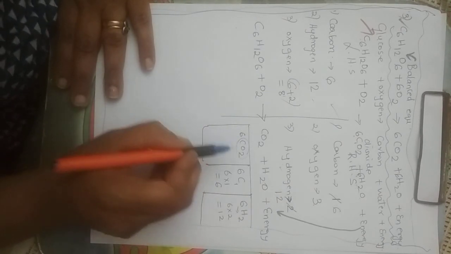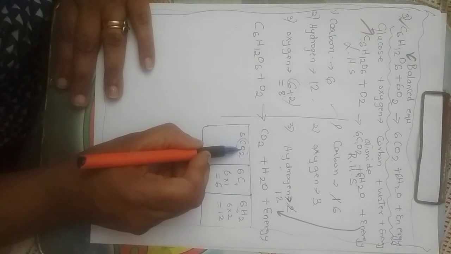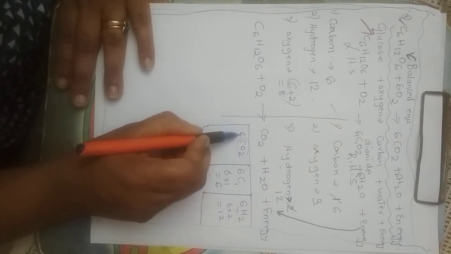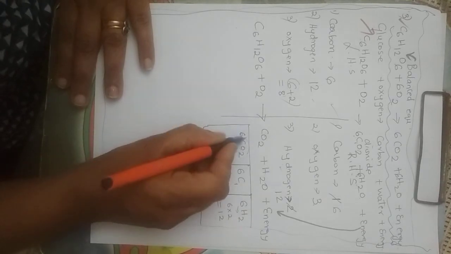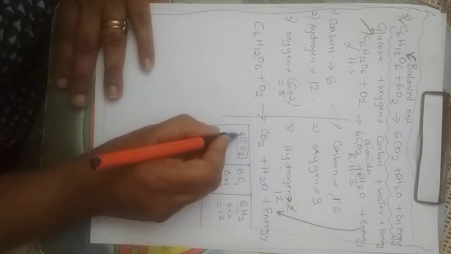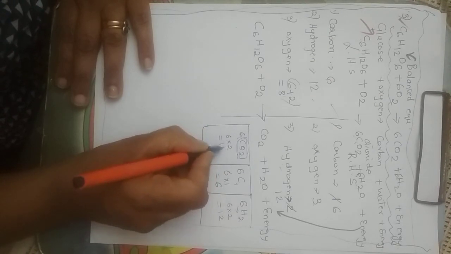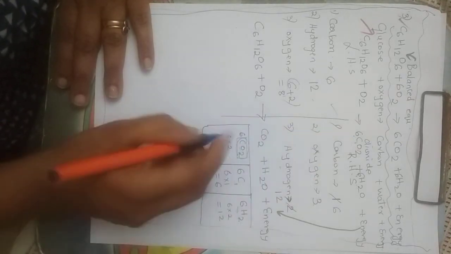So now what am I doing? I am trying to check out oxygen. See, look at my pen. So this 2 and this 6. Don't forget that this is one compound, so whatever I put here gets multiplied. So 6 into 2, which is 12. Okay, so we got 12.